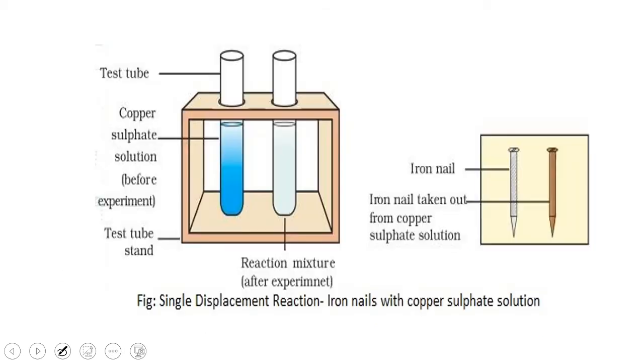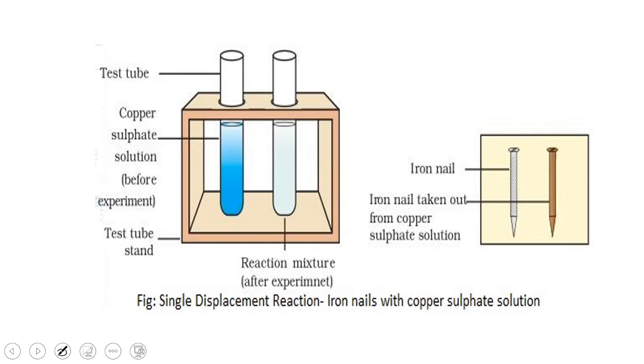Right. Next. Now, we have taken 2 test tubes, and in the 2 test tubes I have taken copper sulfate solution. And I have taken 3 nails. I have rubbed these iron nails with sandpaper, because I should be very sure that there are no impurities.